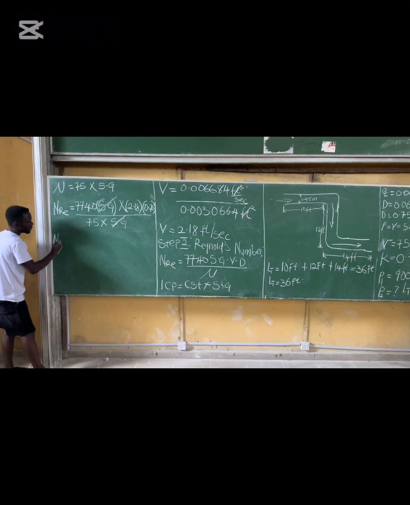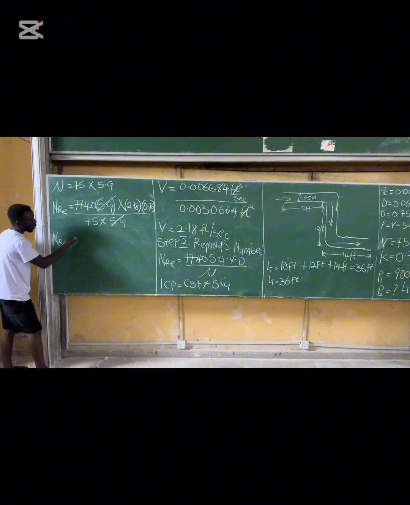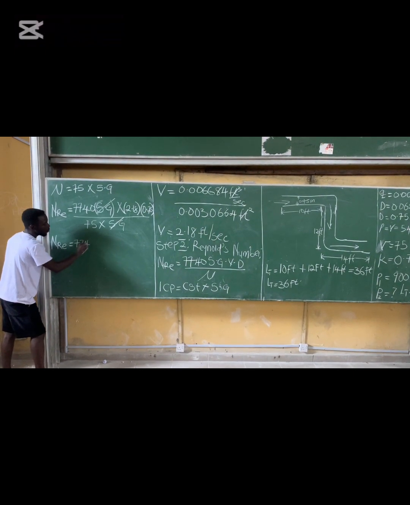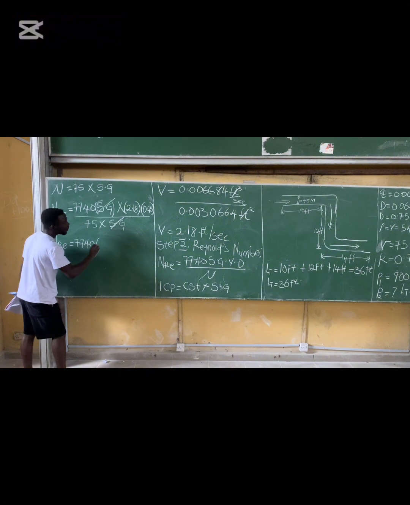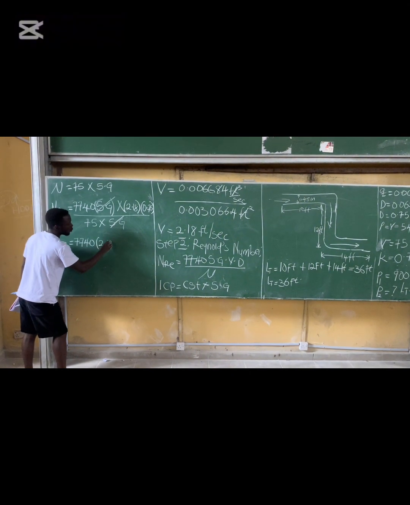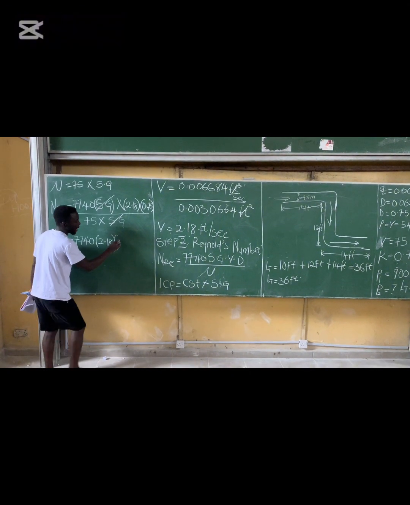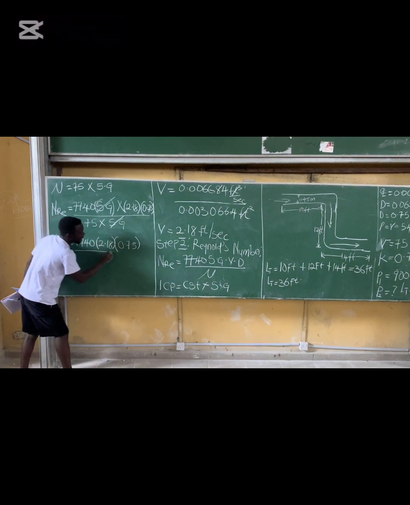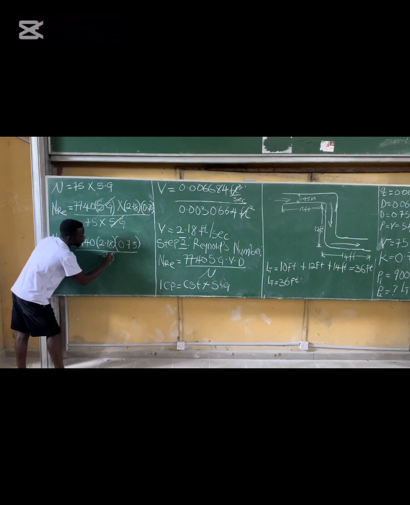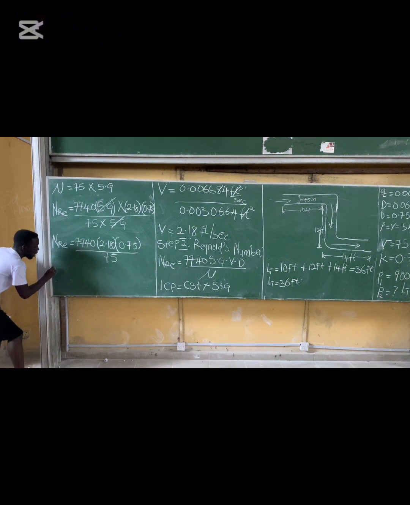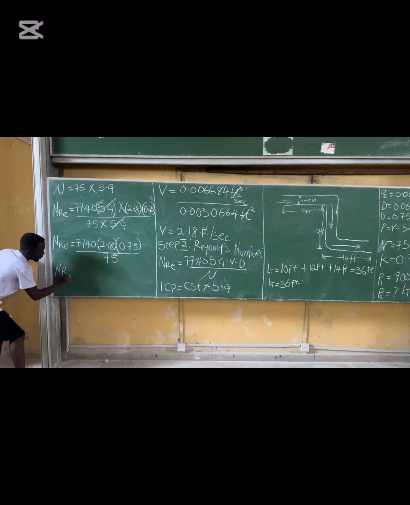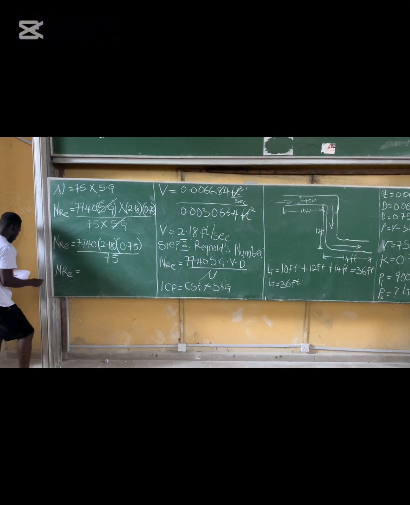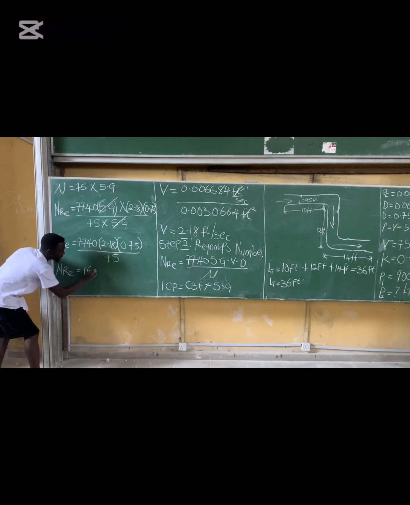Our NRe Reynolds number will be equal to 7740 multiplied by 2.18 multiplied by 0.75, all divided by 75. So therefore, our NRe will be equal to 168.732.